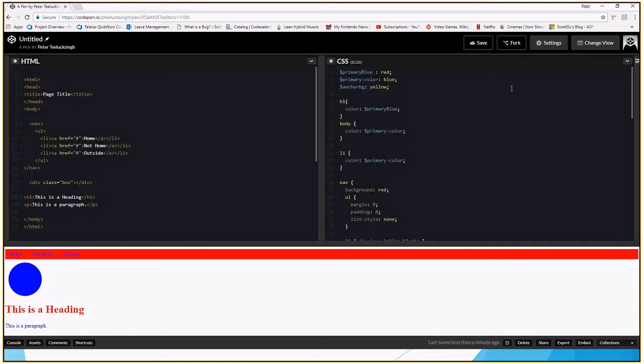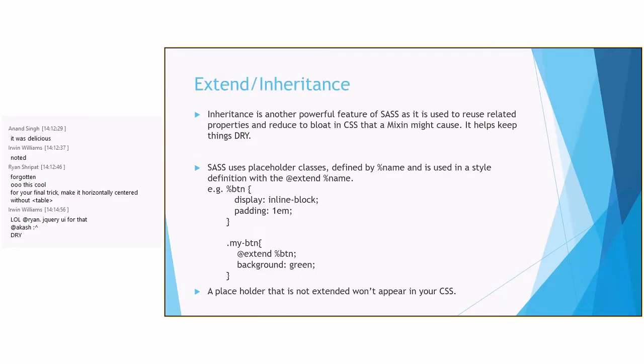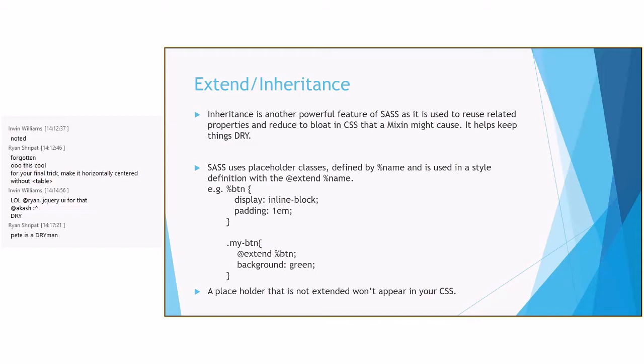The other thing is that we need inheritance, the extend inheritance. This is the one that will help with keeping stuff DRY. It helps reduce the bloat that mixins might cause. We have placeholder classes, so you'll have the percentage sign to start the declaration, then the name.